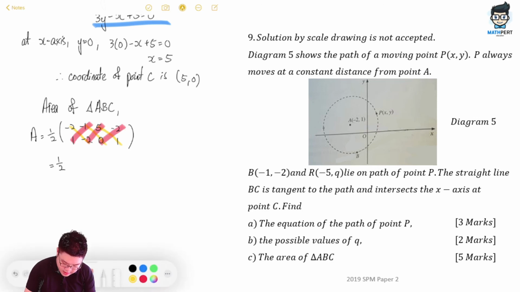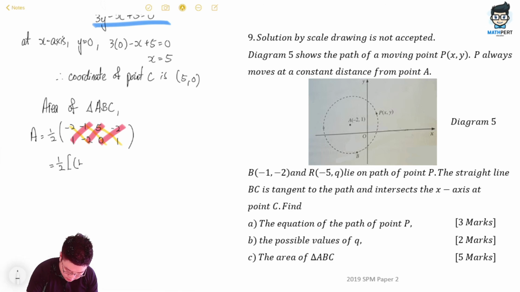So let's do it together. 2 minus 2 multiplied by minus 2, I get 4. 4 plus negative 1 multiplied by 0, I get 0. 5 multiplied by 1, I get 5. Minus 1 multiplied by negative 1, I get negative 1. Minus 2 multiplied by 5, I get minus 10. 0 multiplied by negative 2, I get 0.